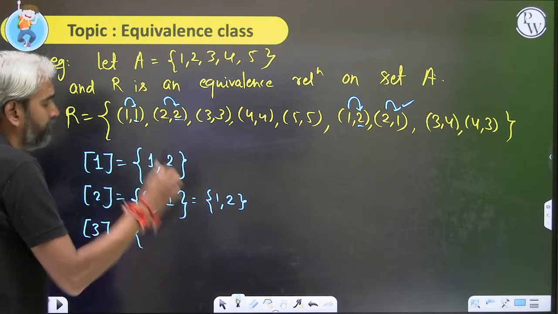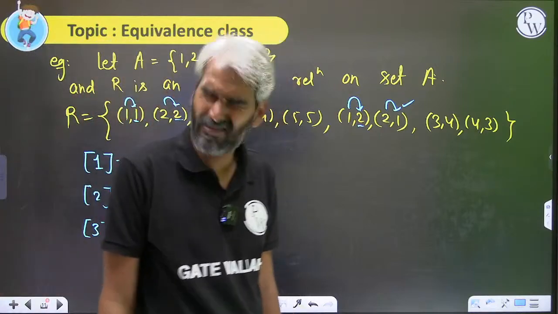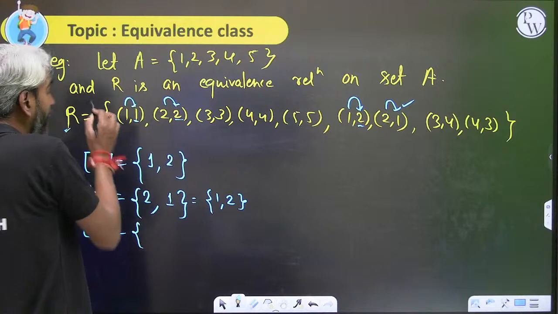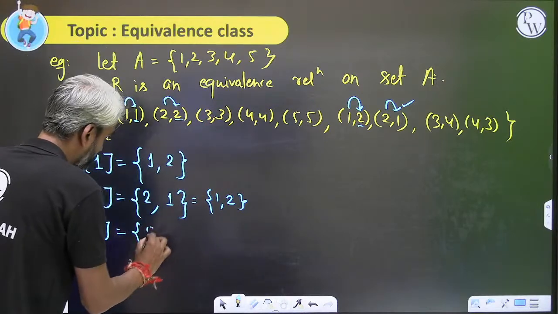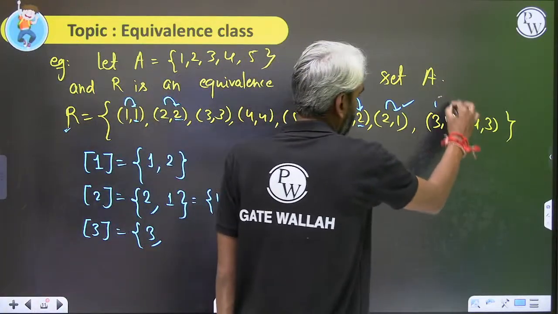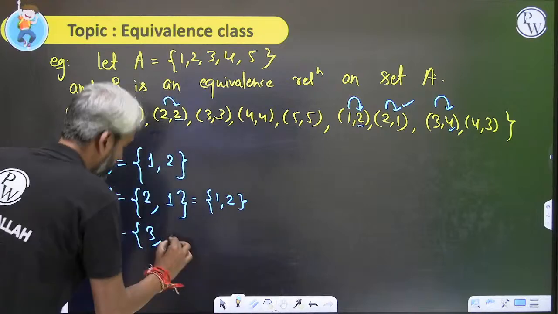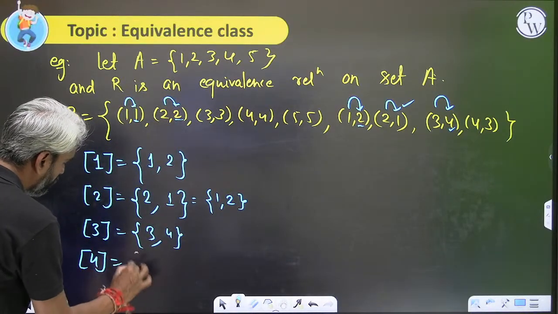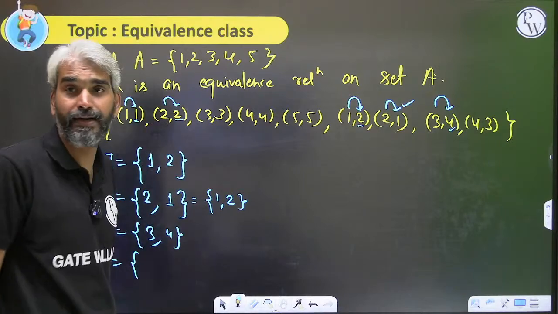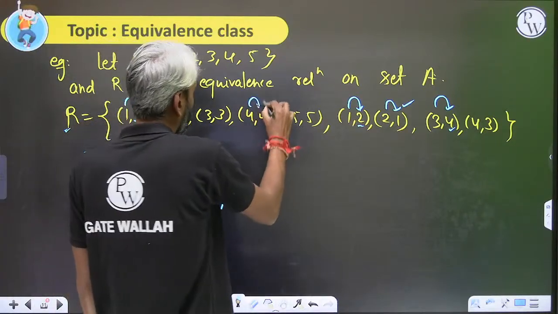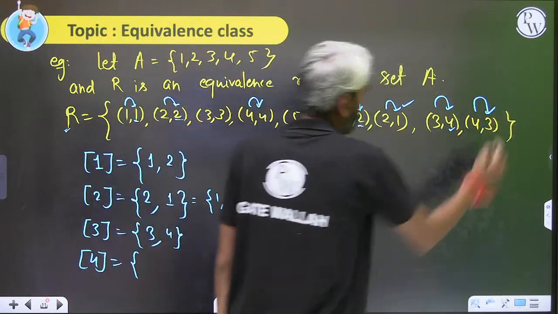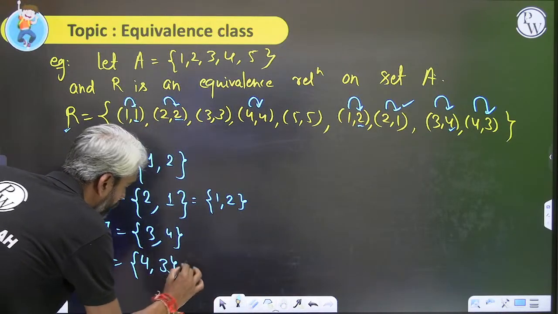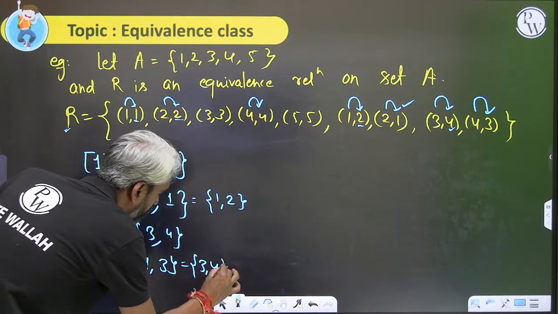The equivalence class of 3 will be the set of all elements which relate with 3 in relation R. So 3 relates with 3, yes. And apart from that, 3 relates with 4. What will be the equivalence class of 4? The equivalence class of 4 will be the set of all elements which relate with 4. So 4 relates with 4 and 4 relates with 3, so 2 elements will be there in the equivalence class of 4, that is 4 and 3. This is the same as {3, 4}, right?